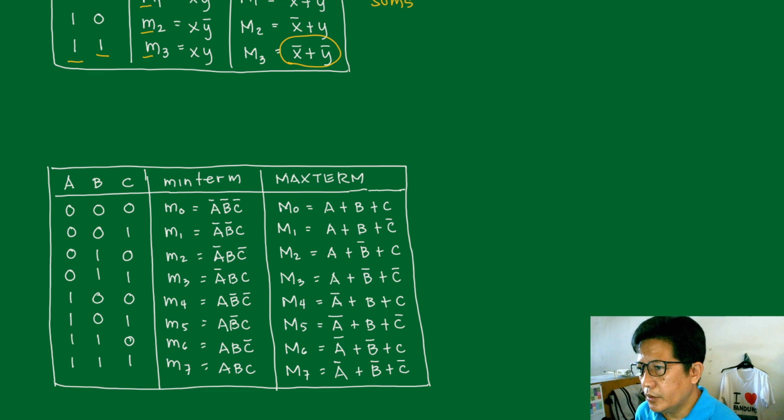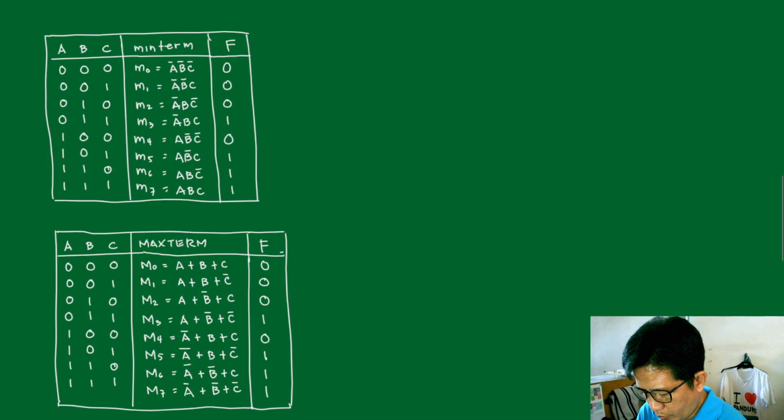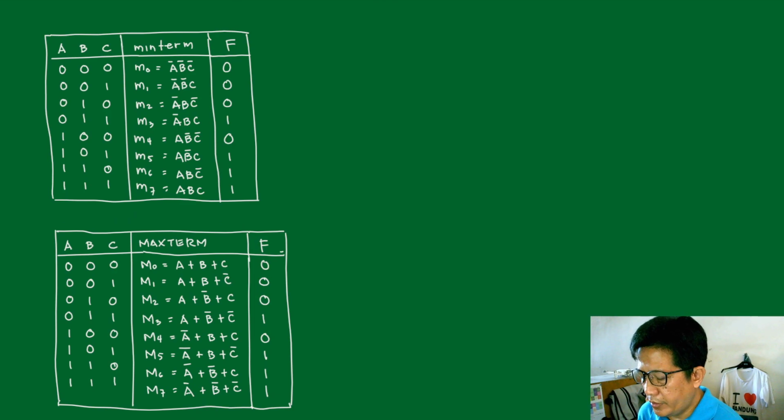We will use this table to derive, as an example, canonical SOP form and canonical POS form. Let's split the table, one for min term and the other one for max term.